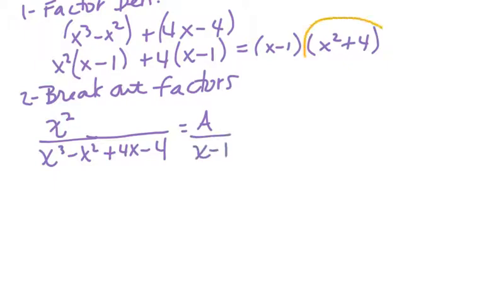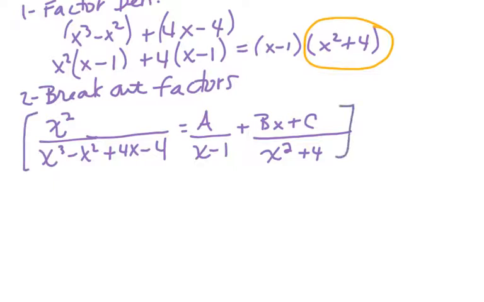And this is an irreducible quadratic, so we have to handle that by decomposing with this term. So we've got a slightly different problem than we have been used to, but again the process is the same.